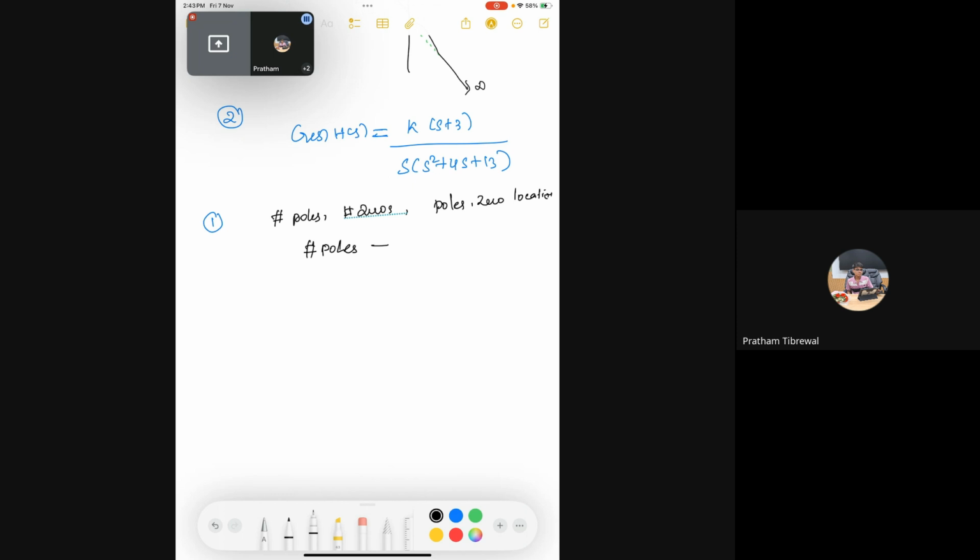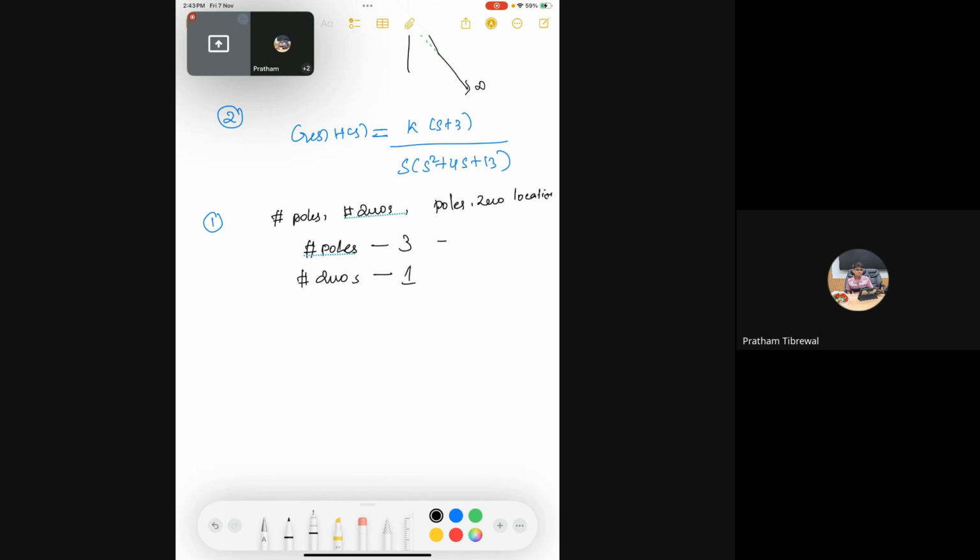So how many poles are there? One is s equals zero, and the others come from the quadratic, so three poles. The number of zeros would be one.